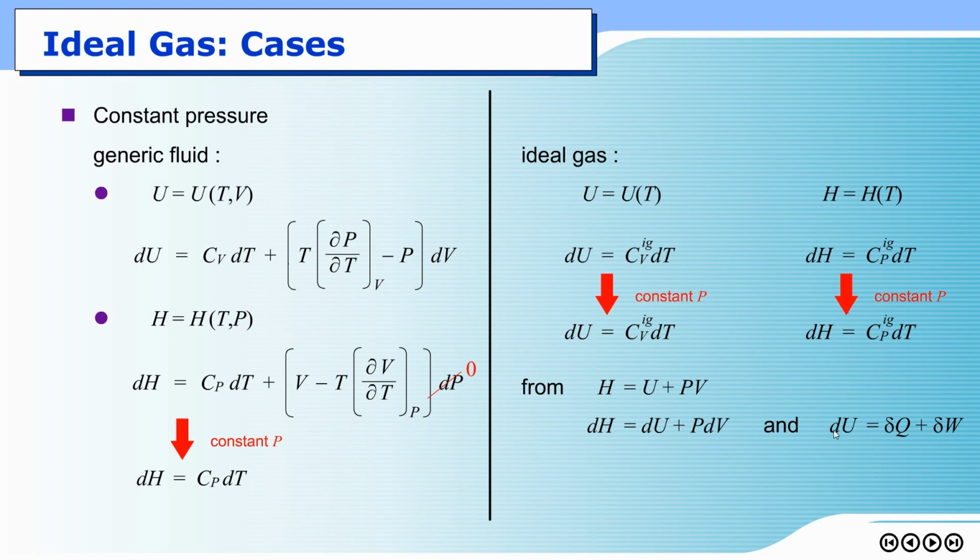And from the first law, dU would equal dq plus dw, where w can be written as minus P dV under the assumption that the work is reversible. So if you plug this into this equation under the assumption of constant pressure, then this minus P dV and this P dV would cancel out, and then you end up with heat equal to the integral of Cp dT.